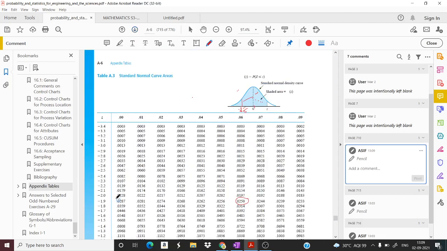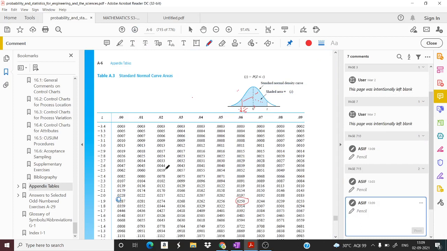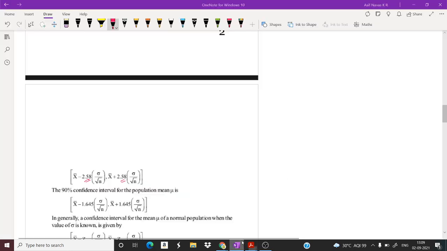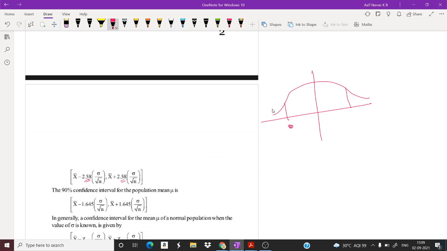Minus 2.58. This is 0.49, okay, so this area up to 2.58 is 0.495, and also minus 2.58.